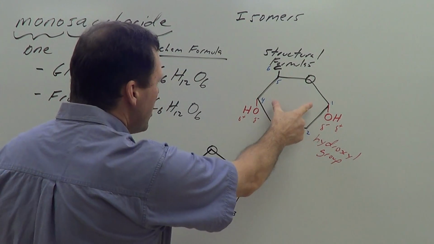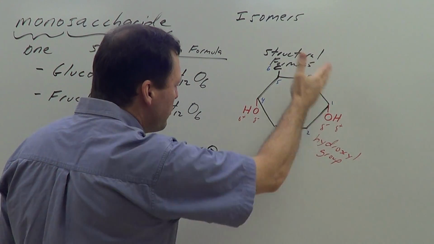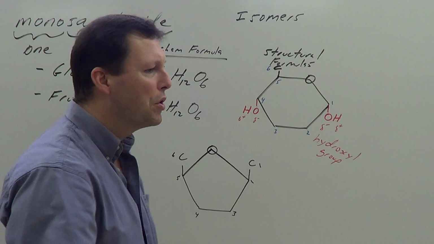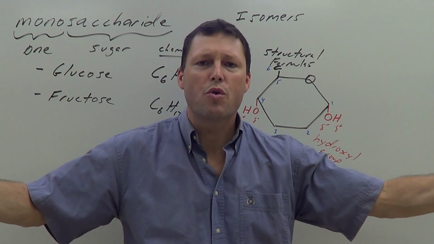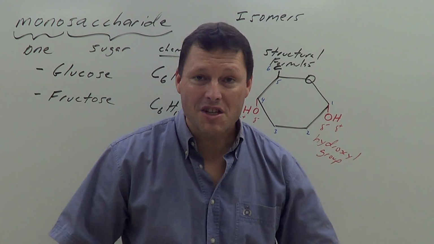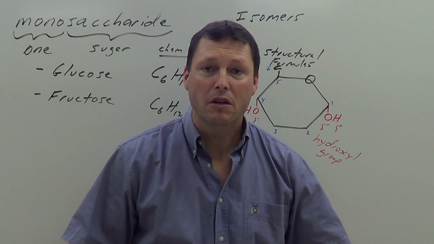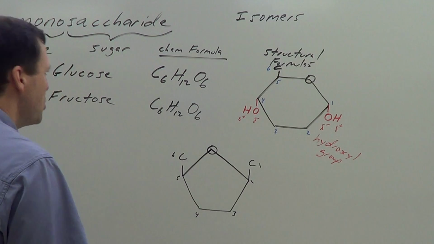Well, we can take these smaller molecules of sugar, and by putting them together in different ways, we can create huge structures called polysaccharides, poly for many. So let's go ahead and talk about those just a little bit.